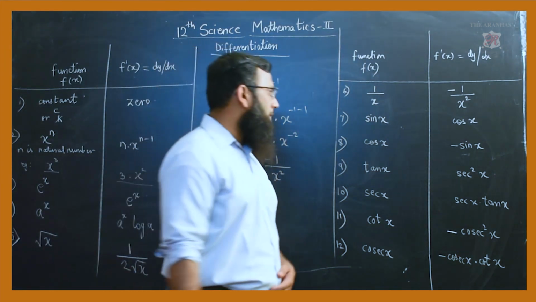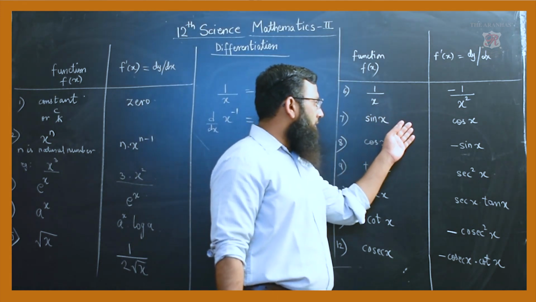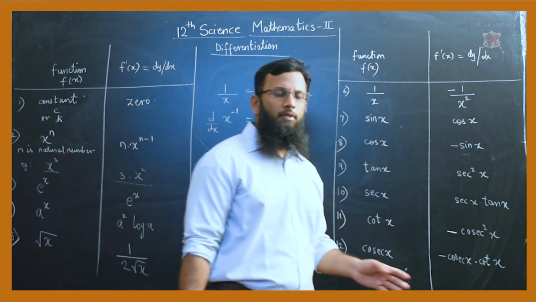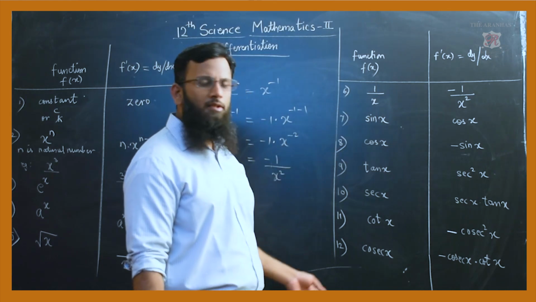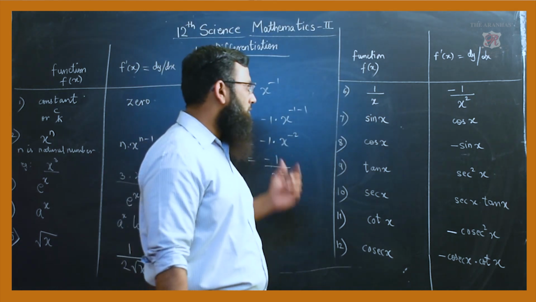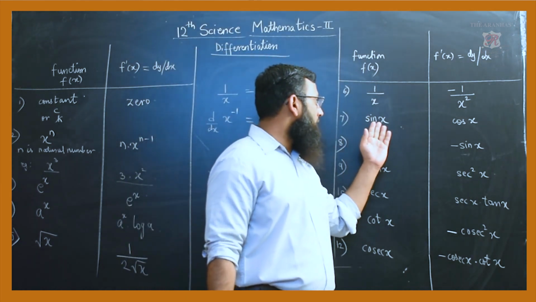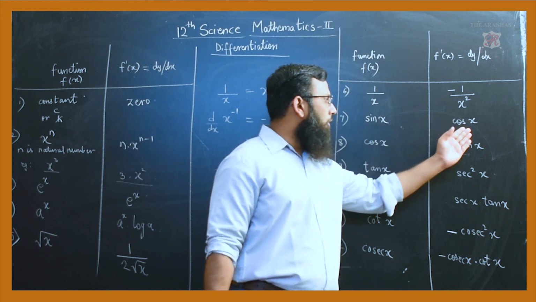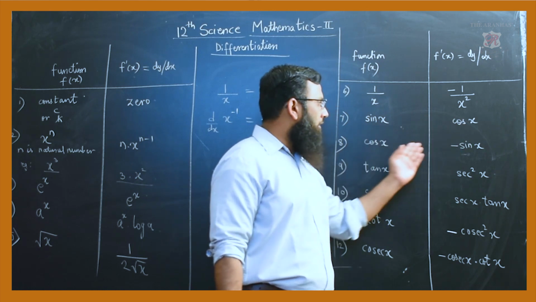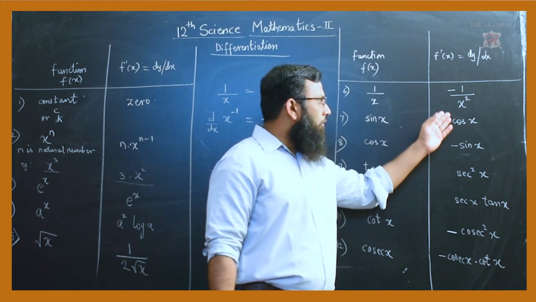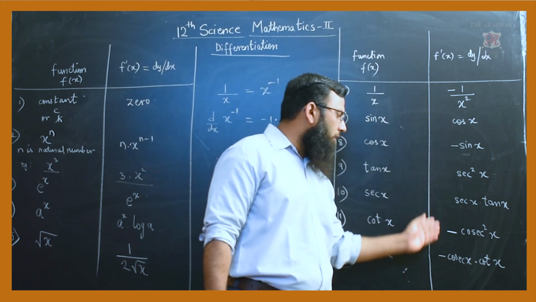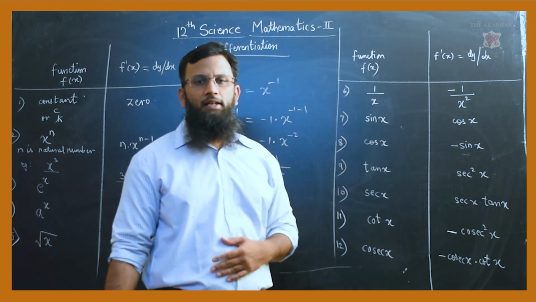Basically they are very important because further, while solving numericals from the exercise, you will mostly come across the trigonometric functions. Once again quickly we revise. Sin x will have derivative cos x, cos x will have derivative minus sin x. Now one may think from where all these answers arise.